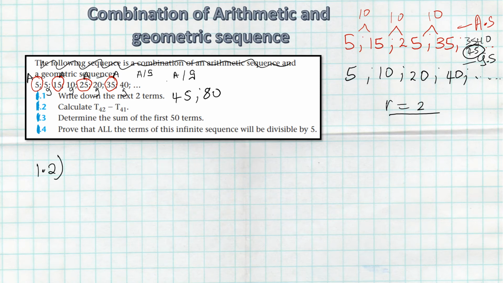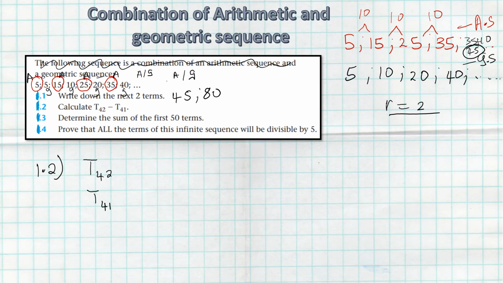Okay, 1.2. Calculate term 42 minus term 41. Very challenging question, but I hope you will understand it after this session. T42 minus T41. How can we get this difference if we don't know whether T42 is for arithmetic or geometric?